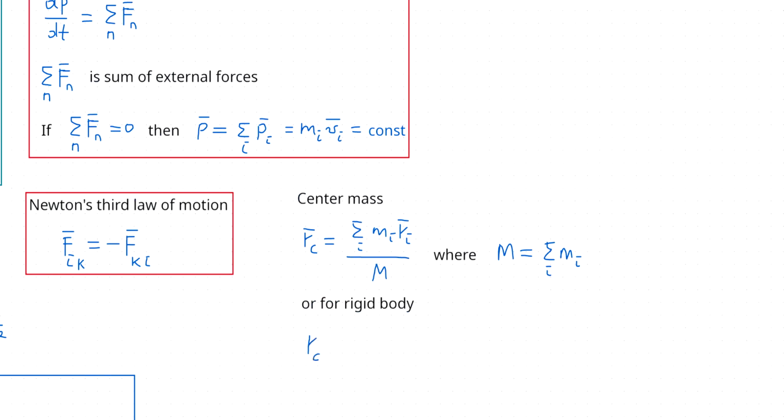R_C is equal to the triple integral of radius vector r, rho at point r, where rho is the density of the rigid body, dV, divided by m.